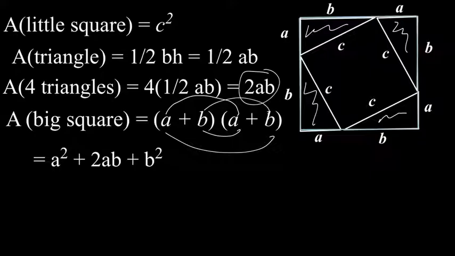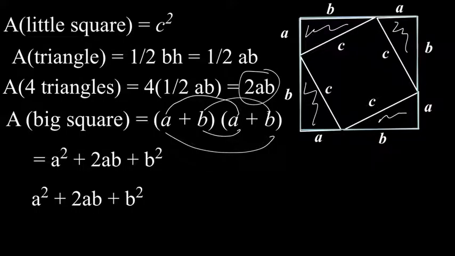Now, if that's the area of the big square, then the area of the small square, which we know is c squared, would be the area of the big square minus the area of the triangles. These are the 4 triangles. And the area of the 4 triangles was 2ab.